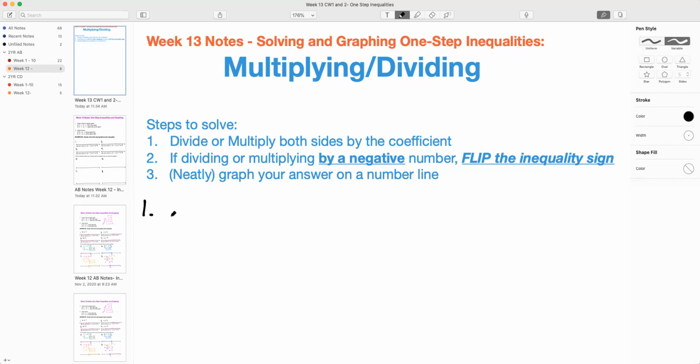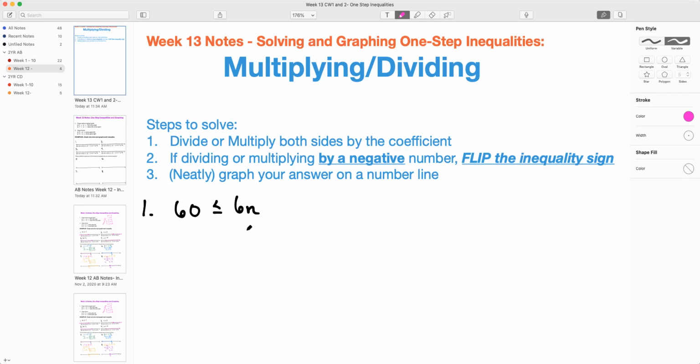Number 1, 60 is less than or equal to 6n. Okay? Well, as I mentioned last lesson, the process for solving these is very similar to solving equations.